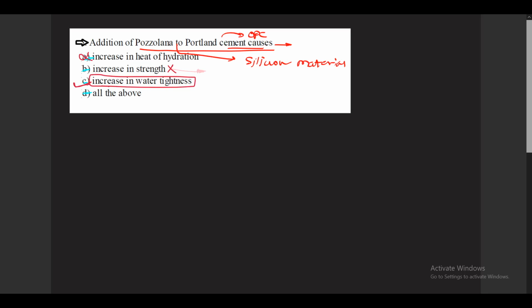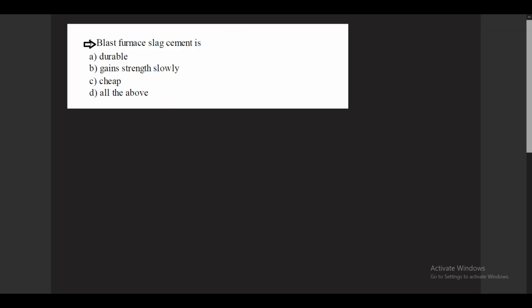Now let's move to the next question. The question here is about blast furnace slag cement. What is blast furnace slag cement? It consists of granulated blast furnace slag. What is this slag?